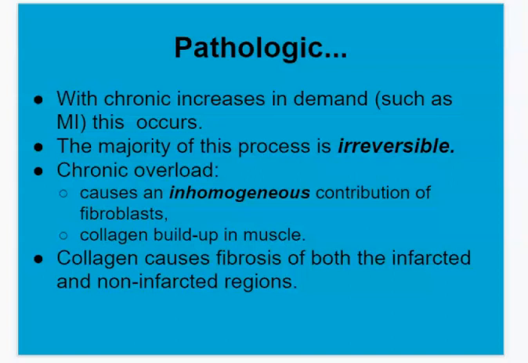And this causes some sort of fibrotic process to start in both infarcted and non-infarcted regions. So when they have an MI, that's not good. It's going to cause some sort of damage to the LV, and the LV is going to therefore remodel to some extent in some way without that muscle activity going on.